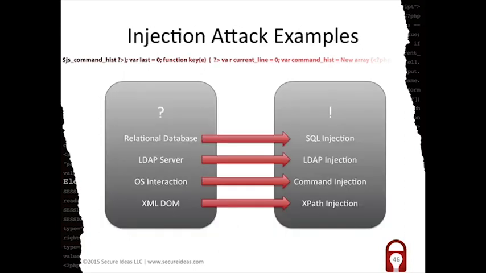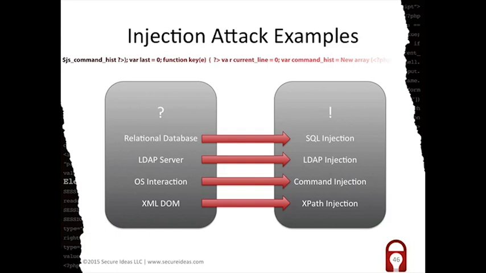So these are just some examples here, probably some of the most common ones. If you figure out the back end is a relational database, then you're going to look for SQL injection attacks. If it's an LDAP server, you look for LDAP. If it's any kind of interaction with an operating system, maybe it's running a mail command or something like that, then you're going to look for a command injection.